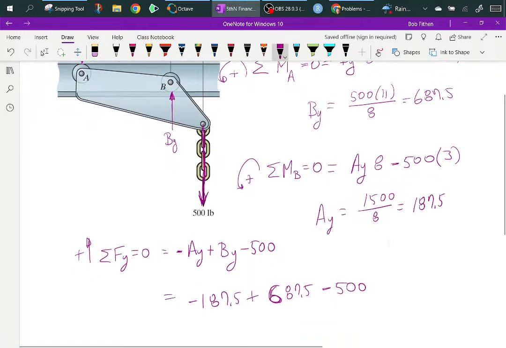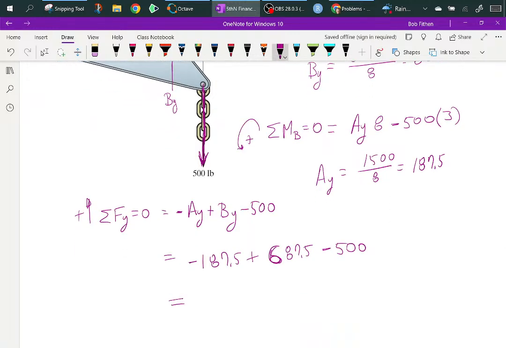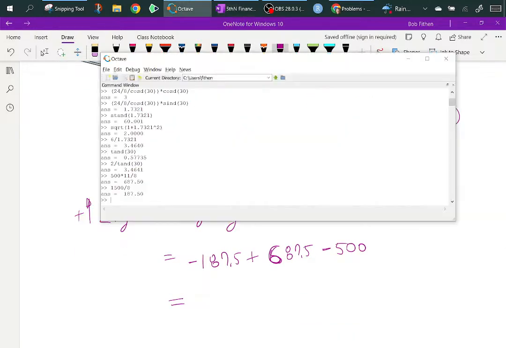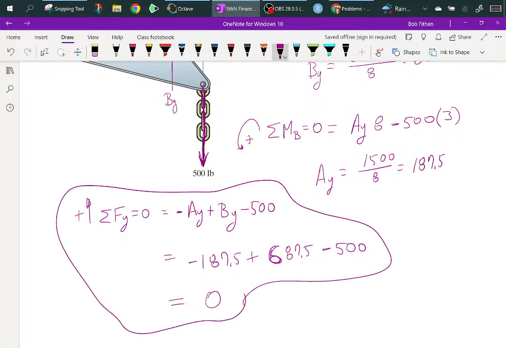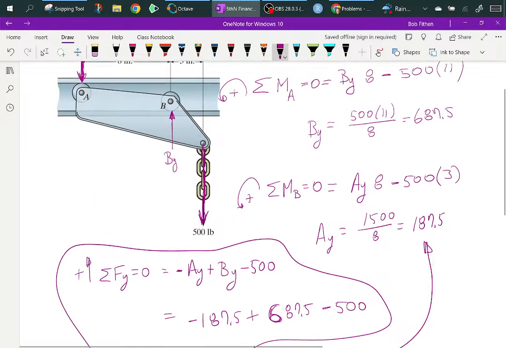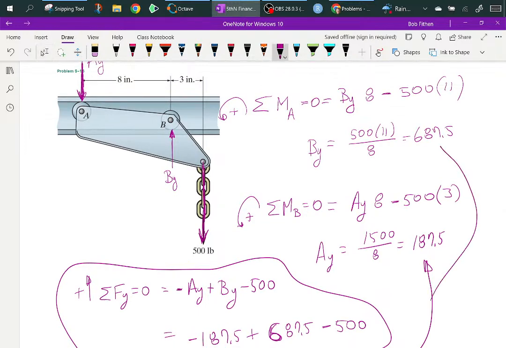Okay, I have no unknowns, but I have it checked. So let's check this out. Minus 187.5 plus 687.5 minus 500. And guess what? It equals 0. So in fact, this is a way to check this one and that one.